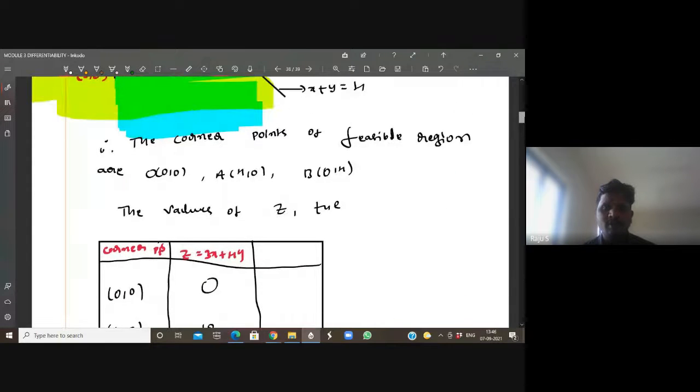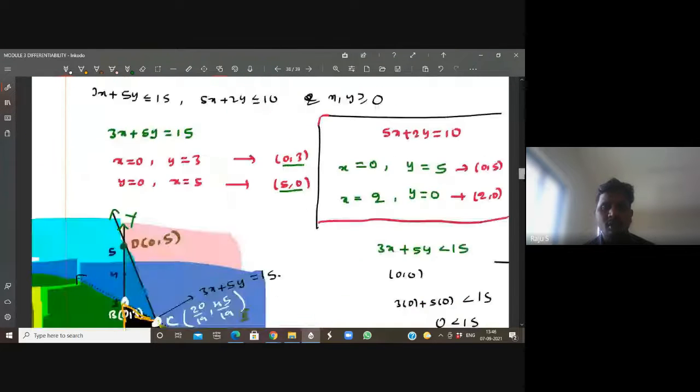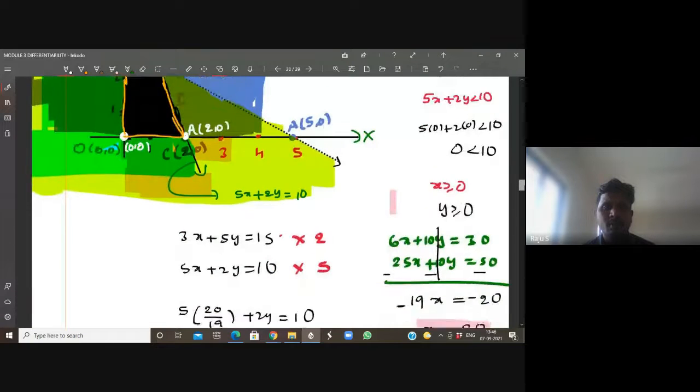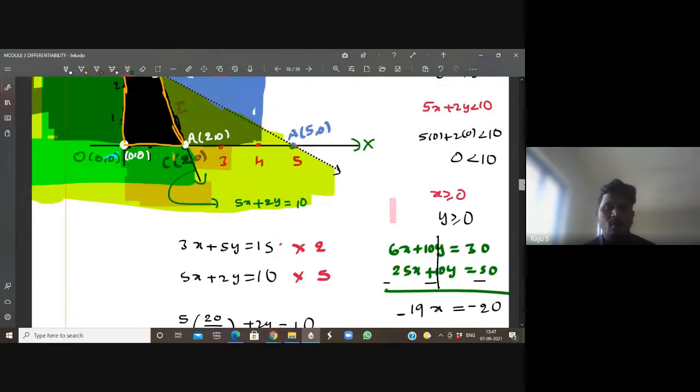The corner points of the feasible region. Now we have to write the corner points. What are the corner points in here? O, A, B, C. The corner points of the feasible region are O, A, B, C.